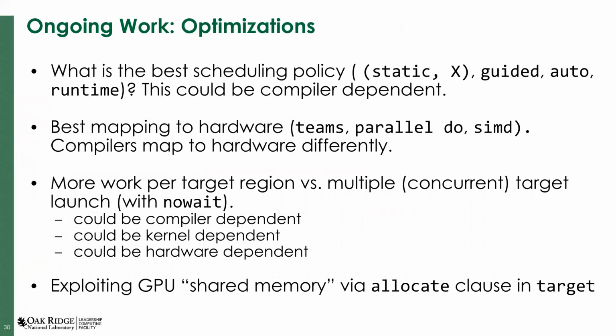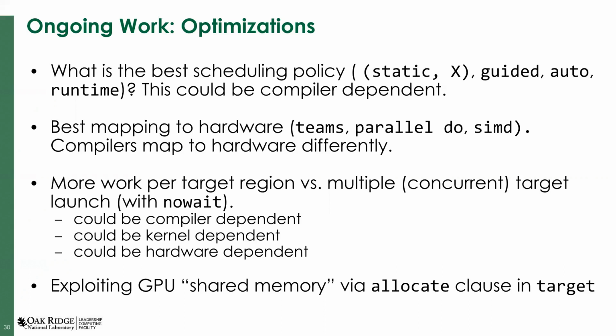So we continue working with optimization. We have observed that some scheduling policies work better for different compilers. As you know, there's static, guided, auto, runtime. Which one works best can be compiler dependent.